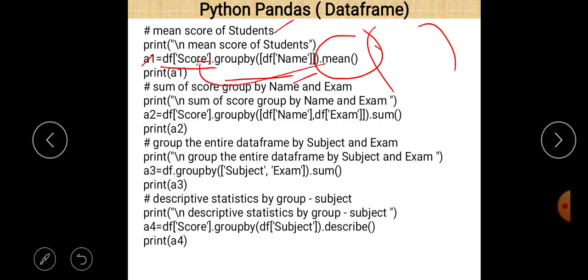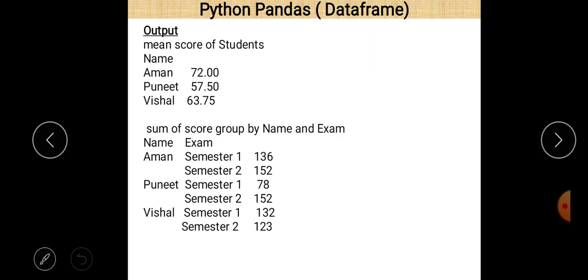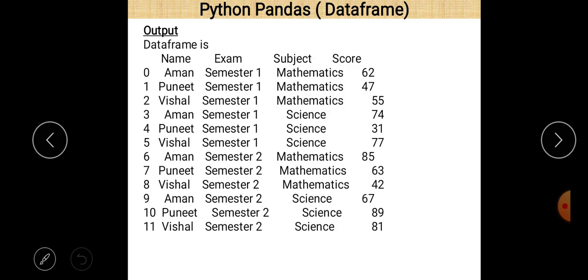and after that there is a print statement. So if you print, then the output looks like this. First of all, the statement is printed, mean score of the student, and then here you make a group on the basis of name. So you can easily see that 3 names are there. Regarding this, now this is our original data.